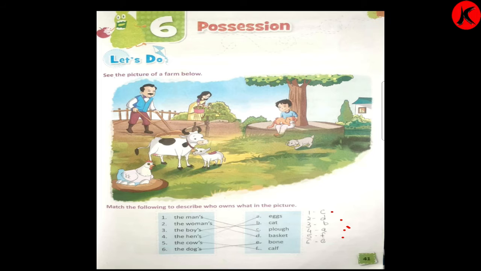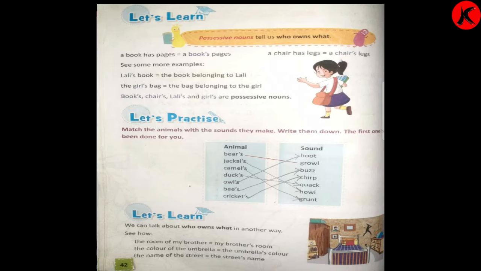So sixth E. So like this also matching you can do. You have seen over here the man, what is the man doing? The man is plowing. What is the woman having in her hand? It is a basket. Woman's basket. Now we'll go to the next page.